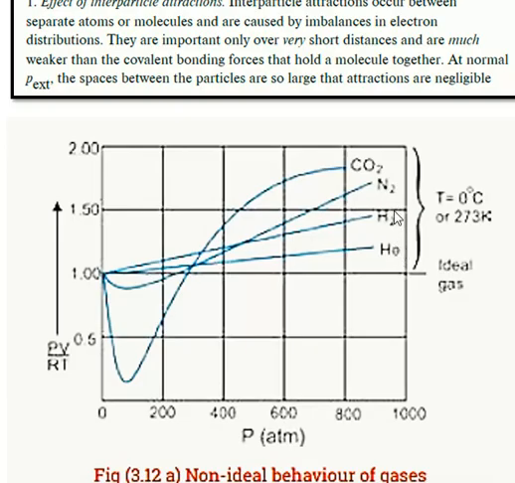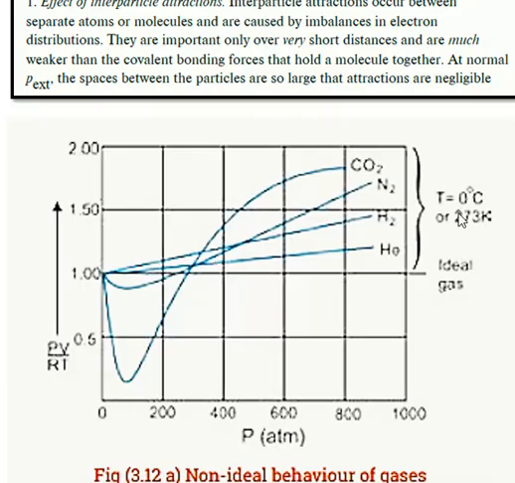These non-polar gases show more ideal behavior. The polar gases, for example carbon dioxide, have more polar natures and are larger in size as compared to helium and hydrogen, so they show more deviations.